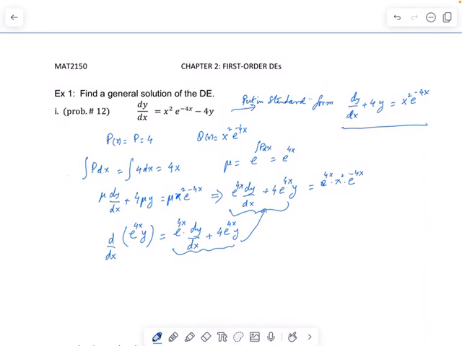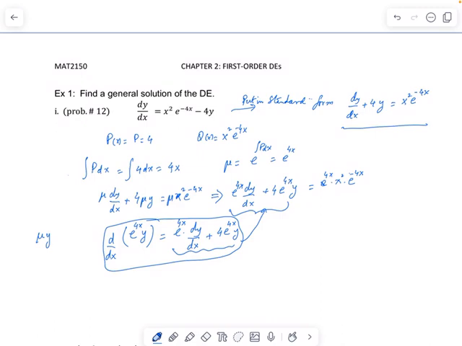So now you don't have to write this step. You should always know that that is what is going to happen. Always, if you got the correct integrating factor, the left hand side is always going to convert into mu times y. What is y? Y is the dependent variable.